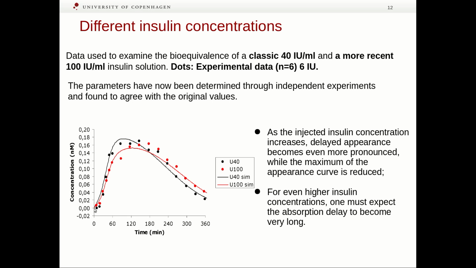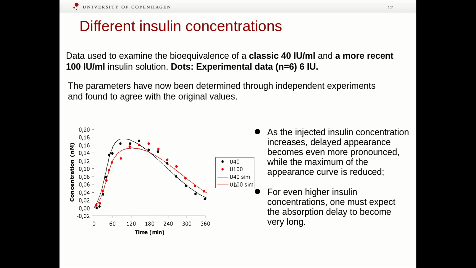And we can see that the original predictions hold quite well, but also that the higher insulin concentration, as predicted by the model, results in a slower absorption from the depot. That means that you get a lower maximum and a longer tail after the maximum has been reached of the insulin concentration in the blood.